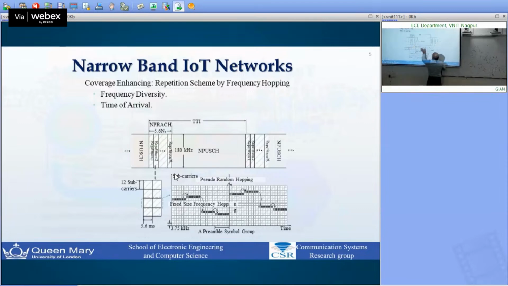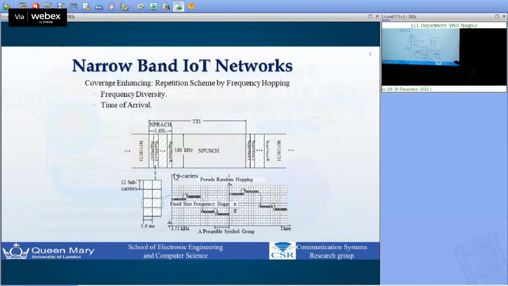The remaining is the physical uplink shared channel, which is the data transmission. So in this frame of roughly 600 milliseconds and 180 kilohertz, during this time is the repetition of the preamble. Once the connection is established, then comes transmission of the data.